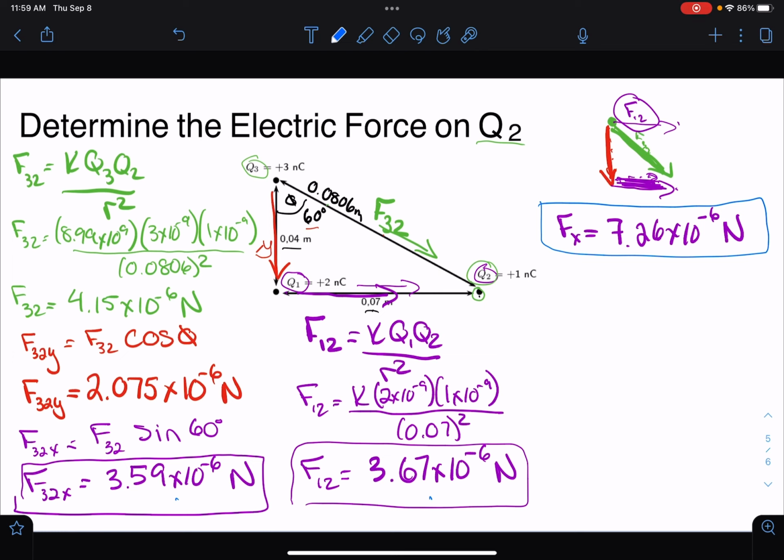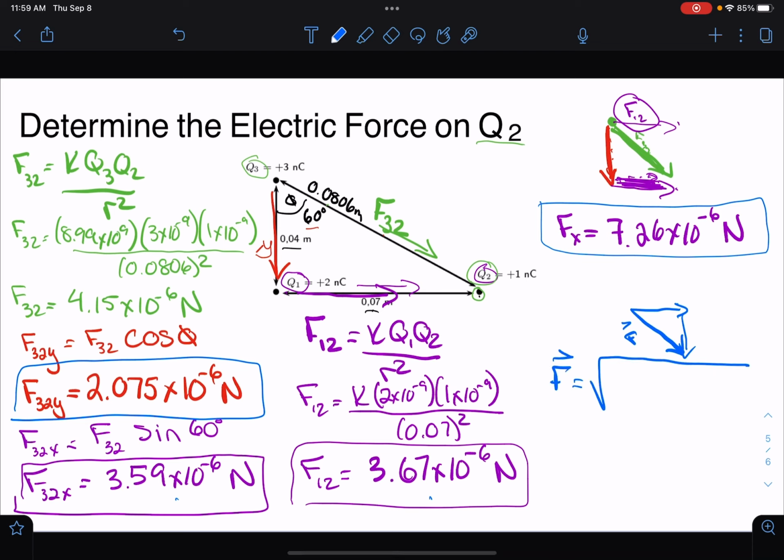We added these two numbers to get the total in the x direction. We only have one force in the y direction. So now we can take these two forces. We know our F of x is going in this direction, and our F of y is going in that direction, which would mean our grand total force is in this direction. And we can go back to using our Pythagorean theorem. So our total is going to be the square root of F in the x direction squared plus F in the y direction squared.